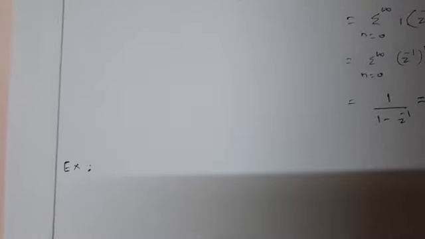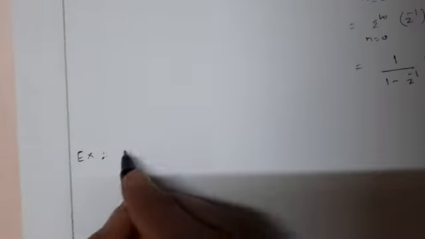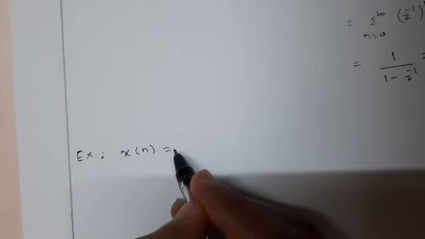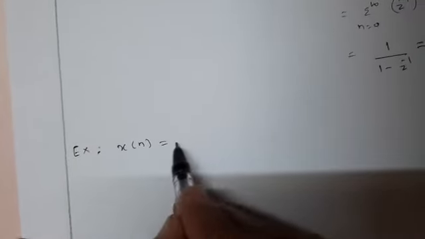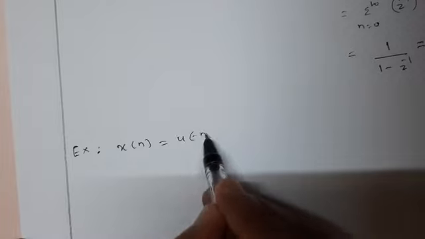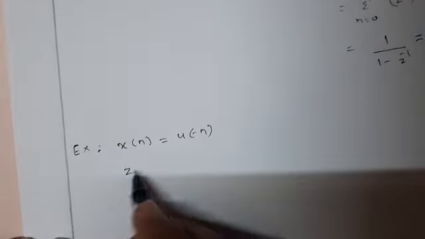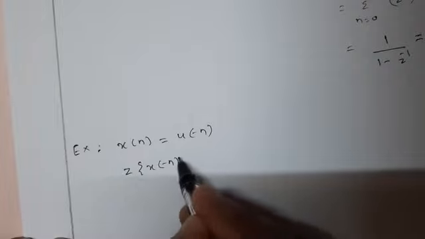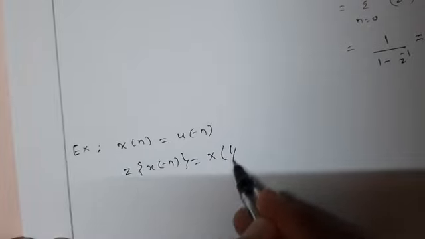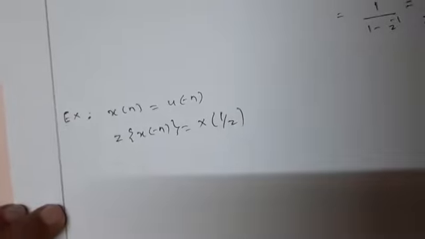Next example. You have been asked to find the Z transform of x of n, which is equal to u of minus n, using properties of Z transform. So what is it? Z transform of x of minus n is X of 1 by z, am I right?